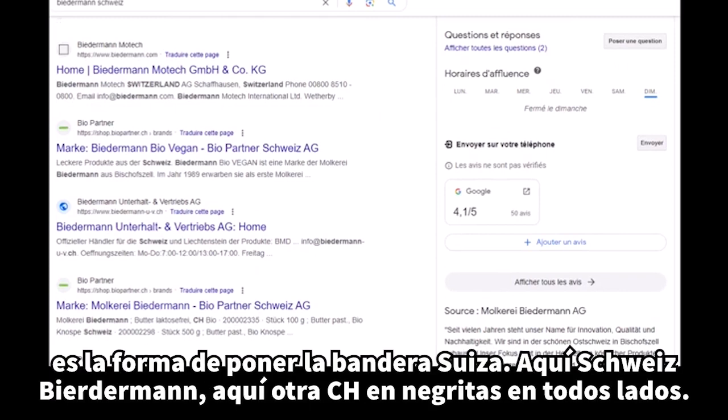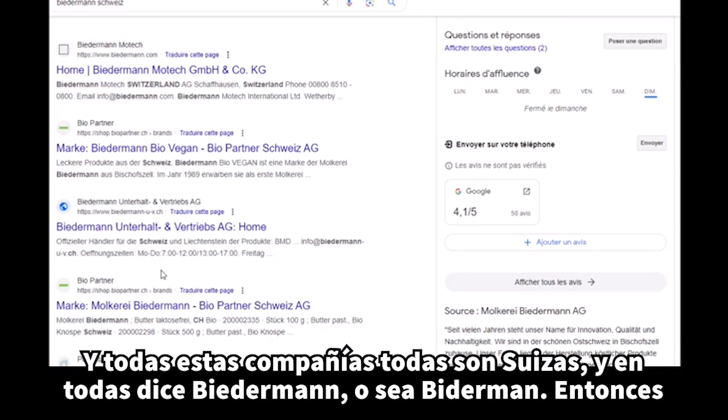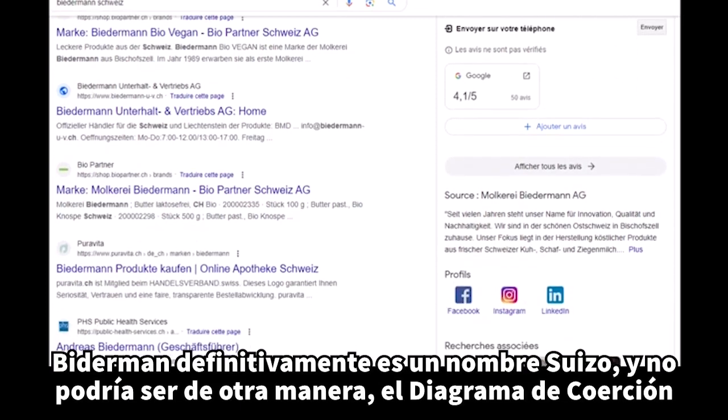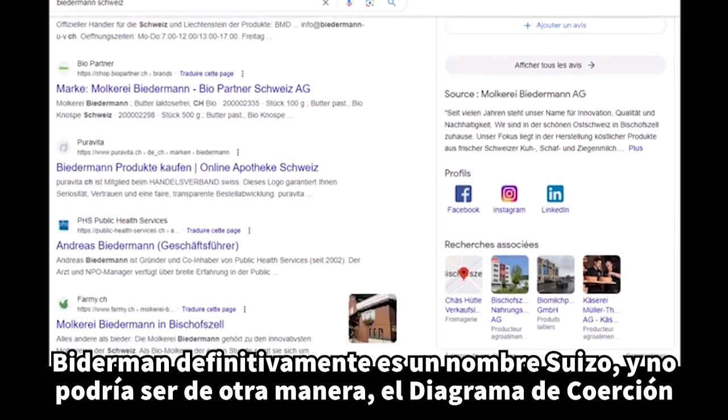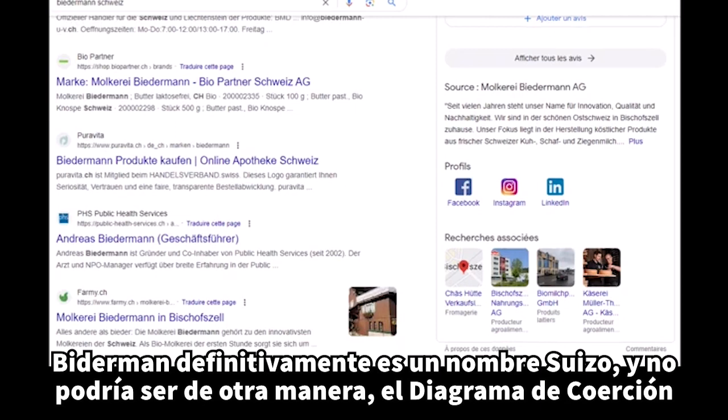So in letters, this is the way to put a Swiss flag in the letters. Here, Schweiz, Biderman, and here another CH, it's even in black letters everywhere. And all these companies, here another one, it's all Swiss, and it all says Biderman. So Biderman is definitely a Swiss name.